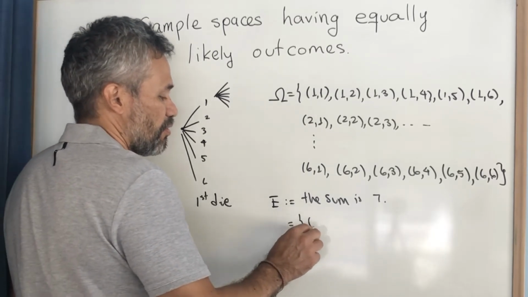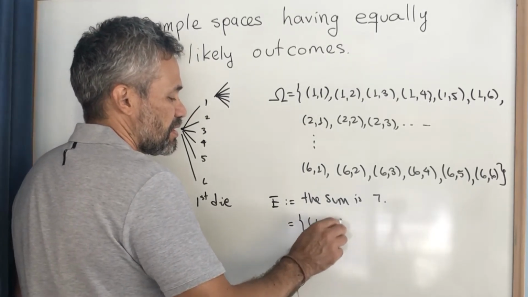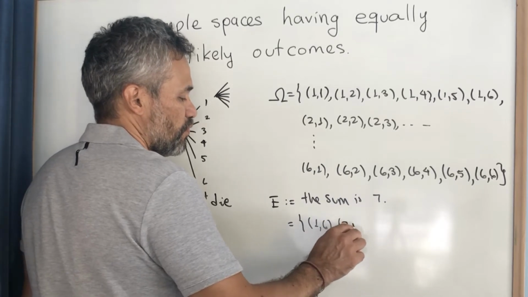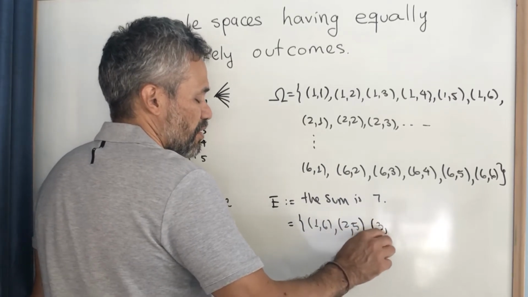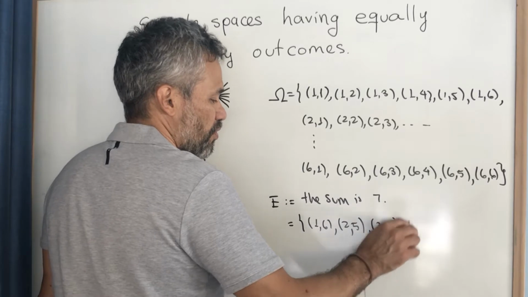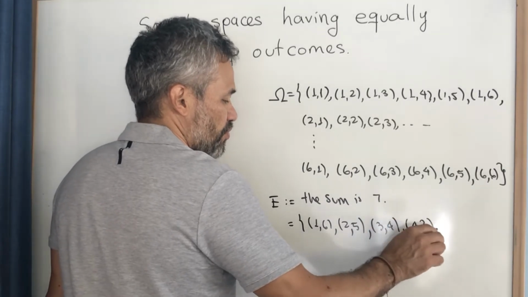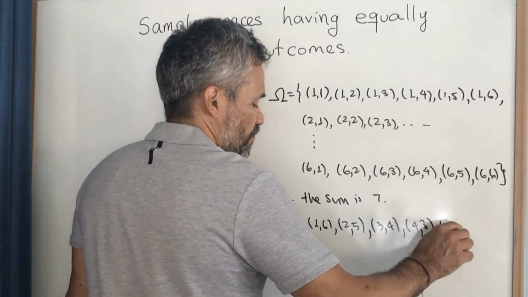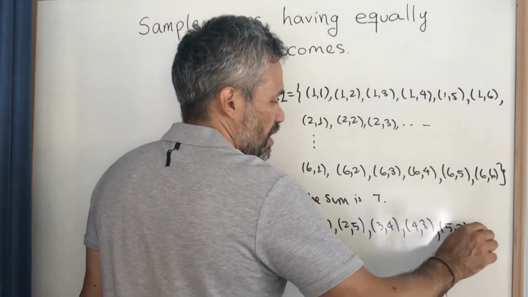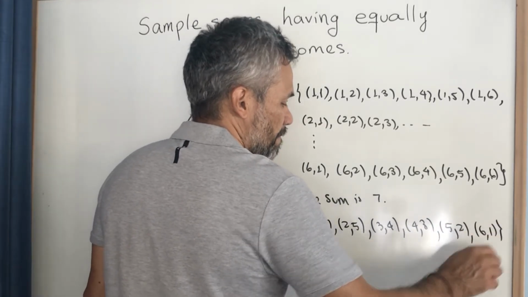It has the outcome 1, 6, 2, 5, 3, 4, 4, 3, 5, 2, and 6, 1.